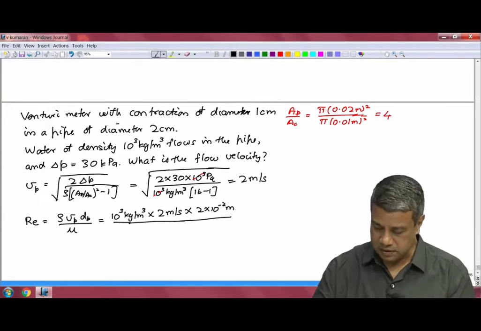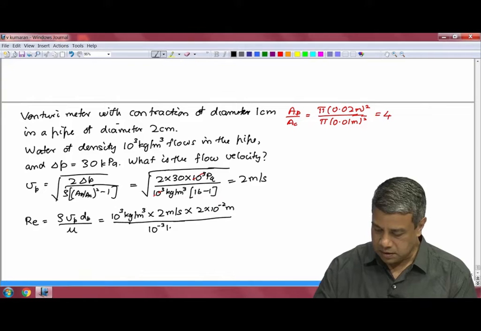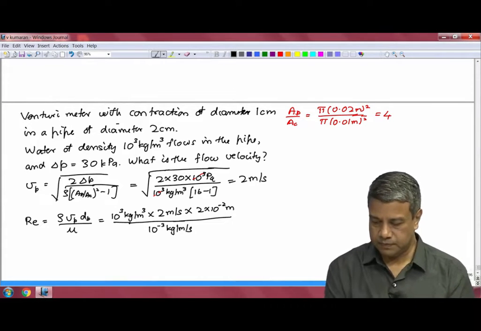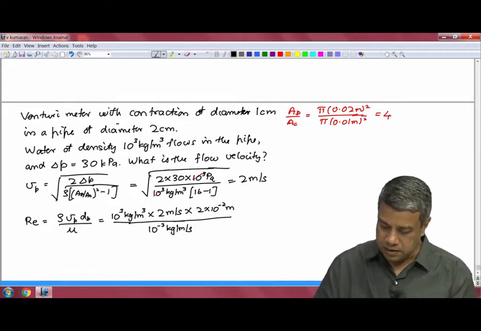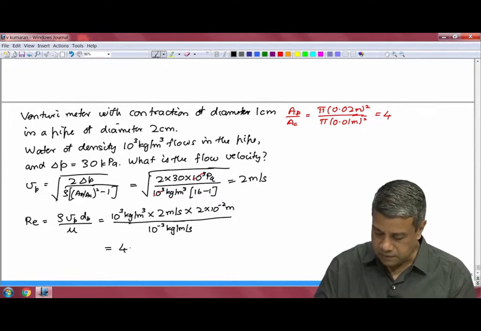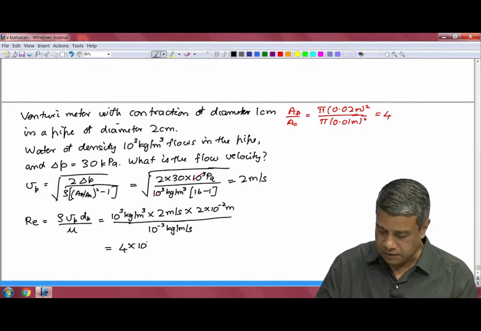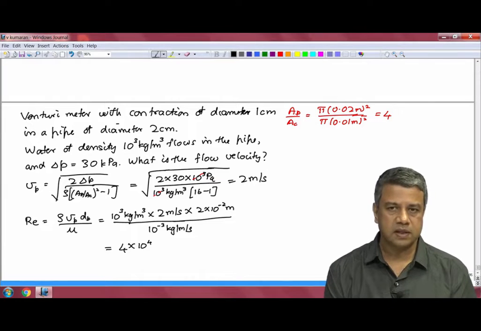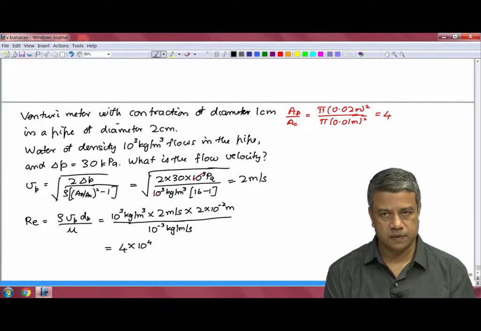Viscosity of water is 10 power minus 3 kg per meter per second. And you get this as 4 into 10 power 4 in this case. So, therefore, the Reynolds number is high, and therefore, you can use this formulation.